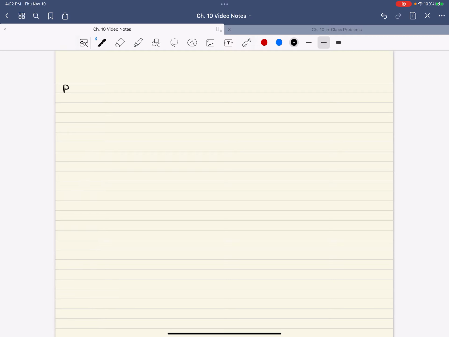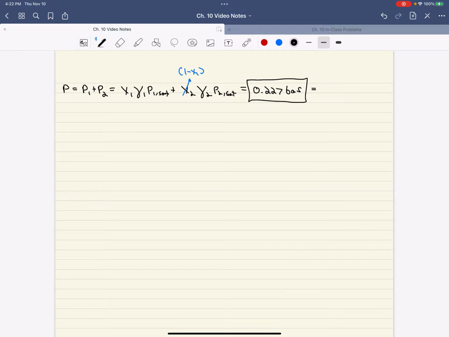And if we go to Dalton's law and we have everything plugged in, we know that x2 is just going to be 1 minus x1, we find that our total pressure is 0.227 bar. And once again, this total pressure corresponds to the bubble point pressure, right? Because we're dealing with the liquid phase mole fractions.